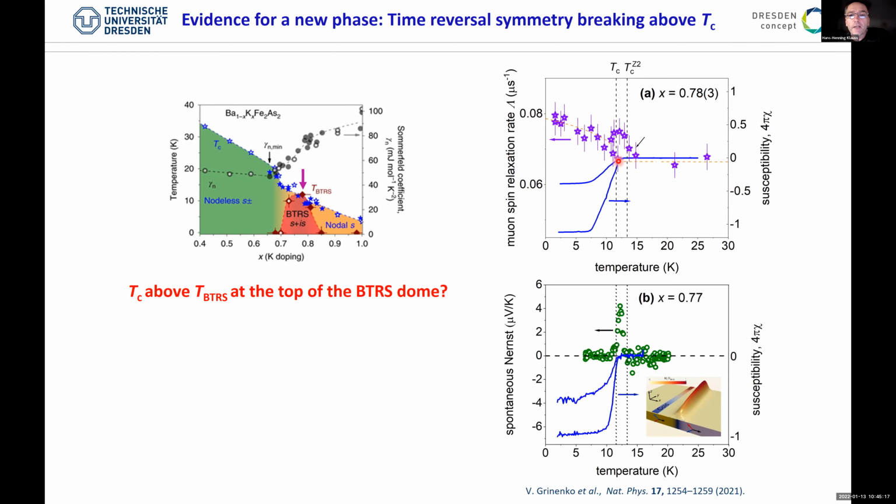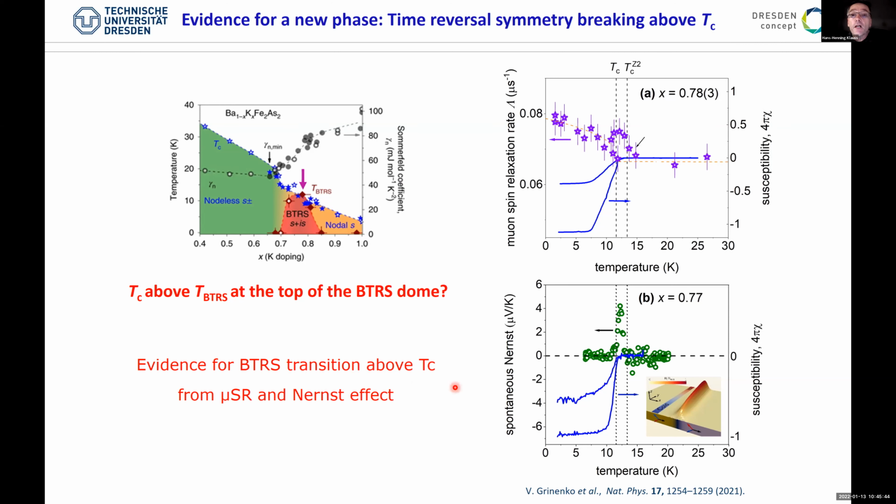So in between, we have done these Nernst measurements. And if you look here, you see that there is a spontaneous Nernst signal appearing above TC. This is again susceptibility data here, and it appears right where we have the onset of time reversal symmetry breaking.